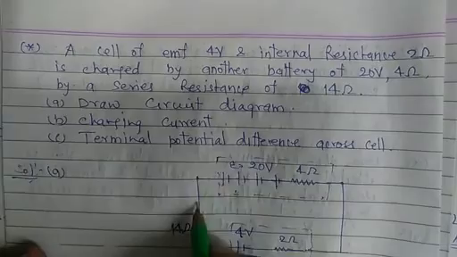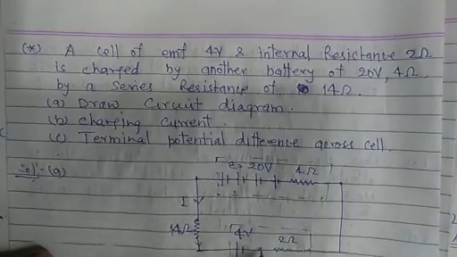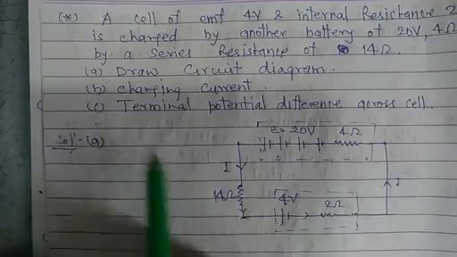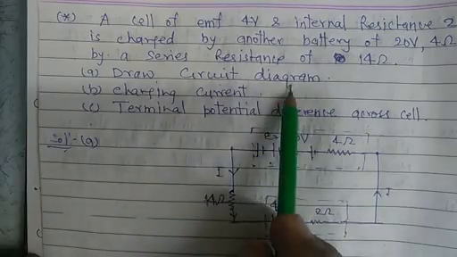Now the current flowing through it, let it be I. So this is the solution for the first part, that is we have drawn the circuit diagram.